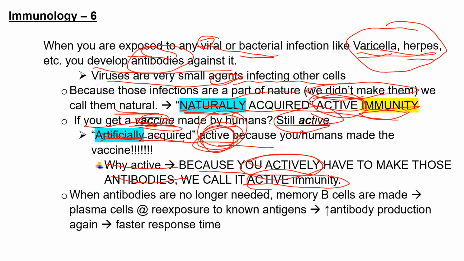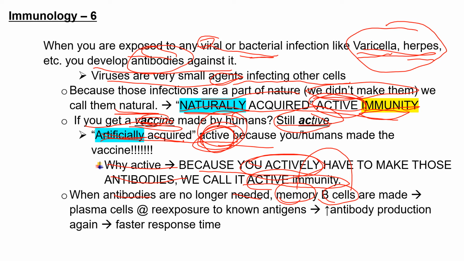When antibodies are no longer needed, at some point we don't want to waste our energy resources in the body making any antibodies. What happens to B cells is that they no longer make plasma cells. Instead, they become memory B cells.